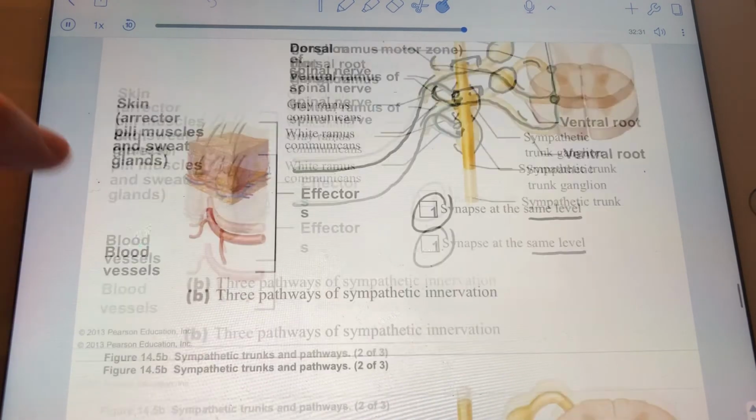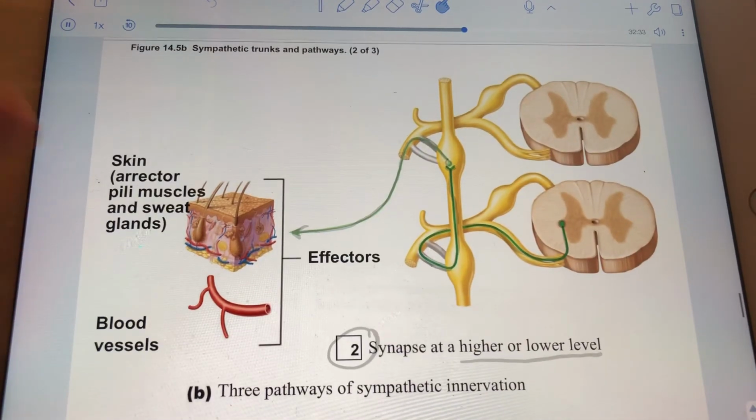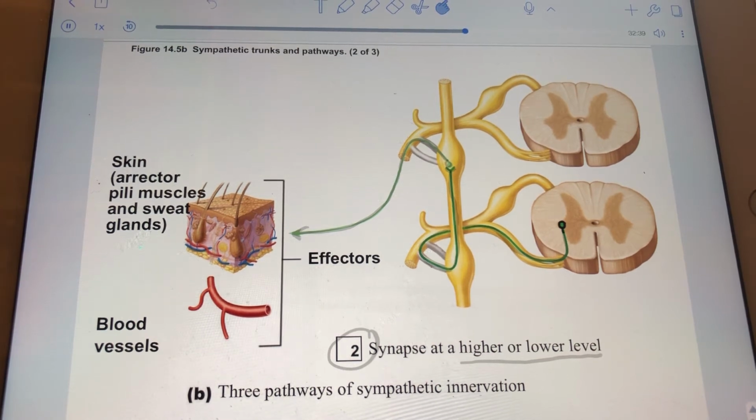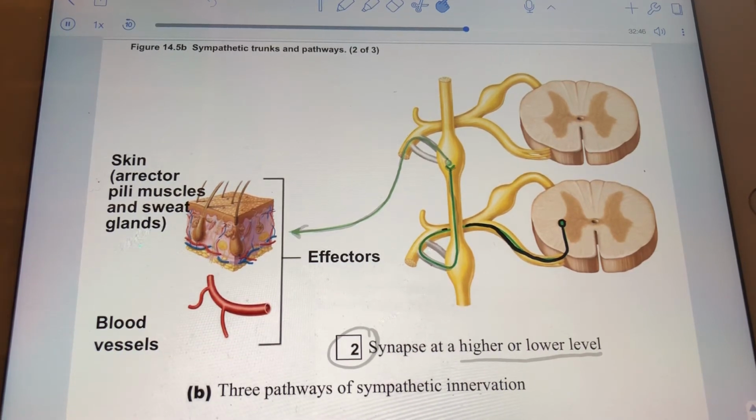Let's look at slide 24. Cell body of preganglionic neuron. Chugga chugga choo choo through the ventral root, through the spinal nerve, through the white ramus communicans, through the sympathetic trunk ganglion at the same level.